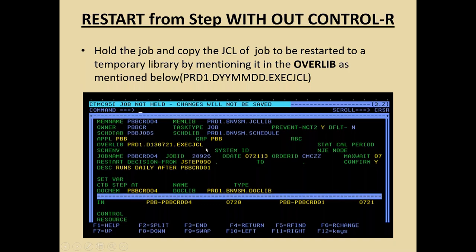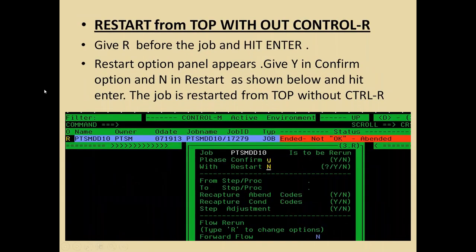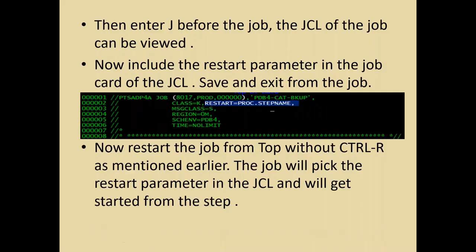So you copy your library in place of the override library. Okay, then next is, after doing that, you give J here. So once you give J, it will pull you the JCL. In JCL, you have to go with normal job card restart.